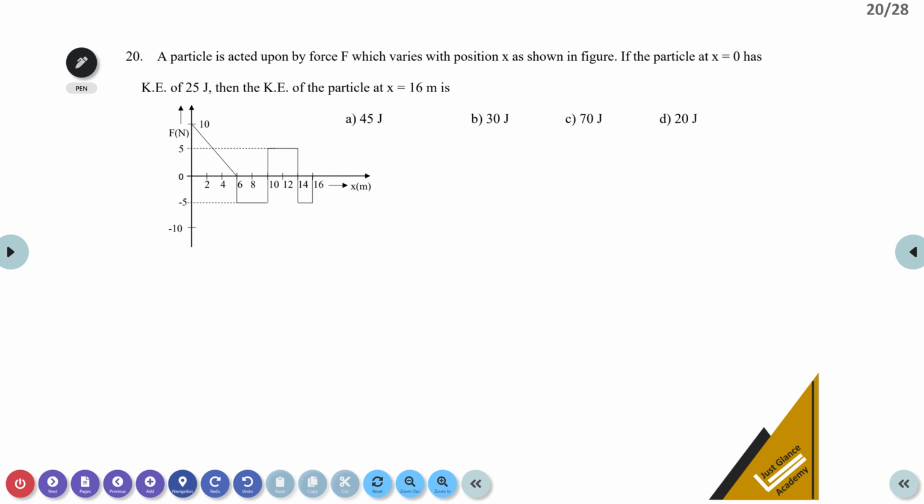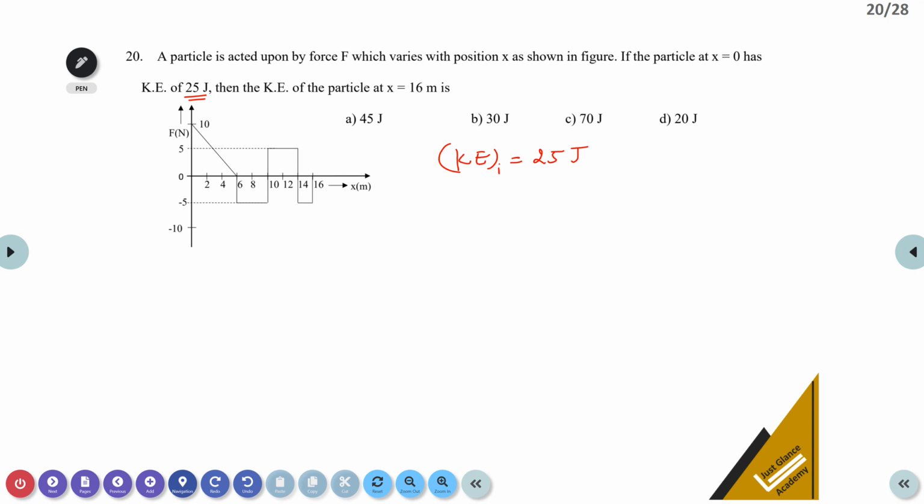Read the problem. A particle is acted upon by a force F, which varies with position x as shown in the figure. If the particle at x equal to 0 has kinetic energy 25 joules, exactly similar to the previous problem, the initial kinetic energy is 25 joules.